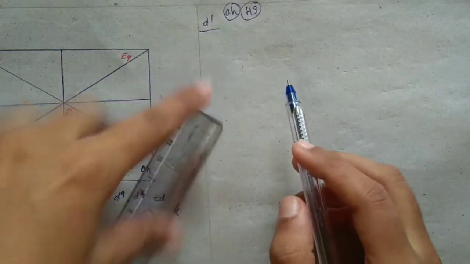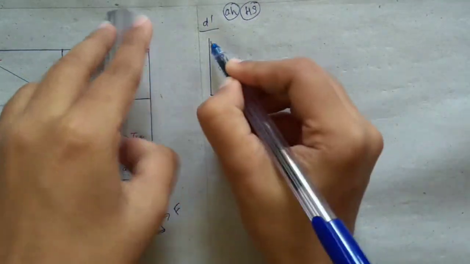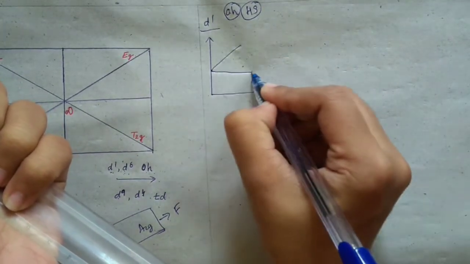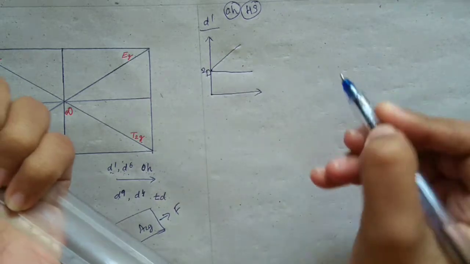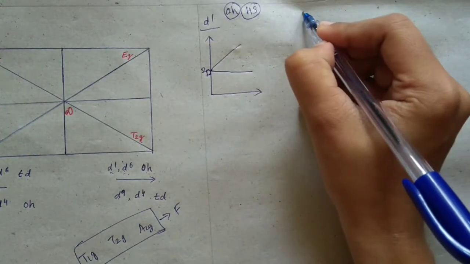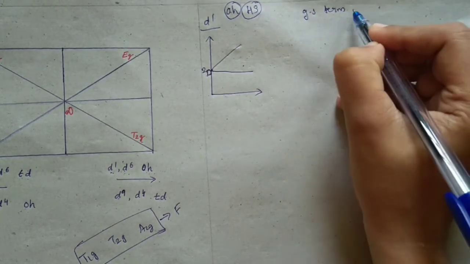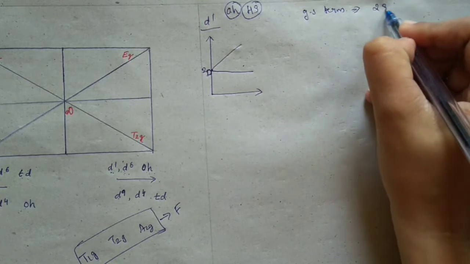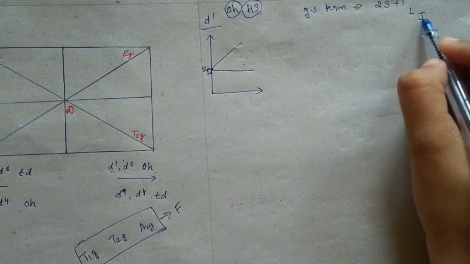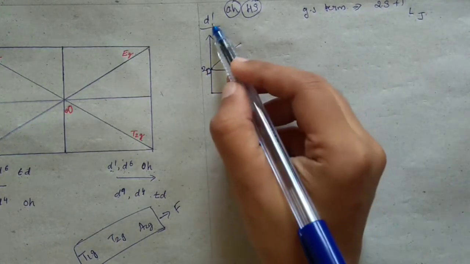So let's draw T2g to Eg. Here the term is 2D for d1. How did you get 2D? The ground state term symbol is 2S+1 L J, but for complexes we don't take J. So 2S+1 L, that is 2D for d1.